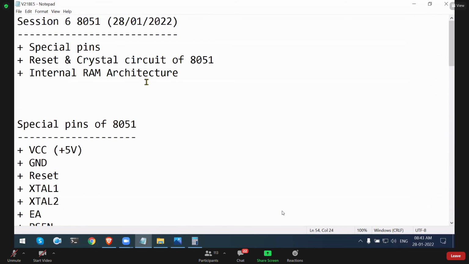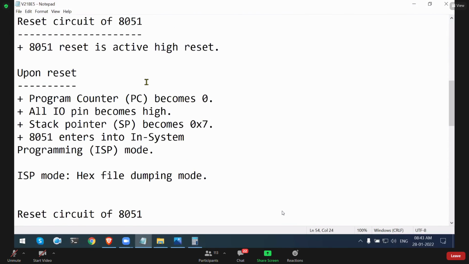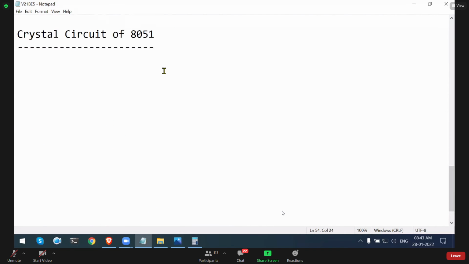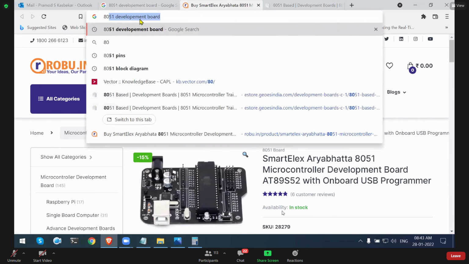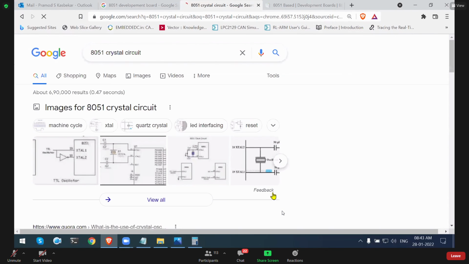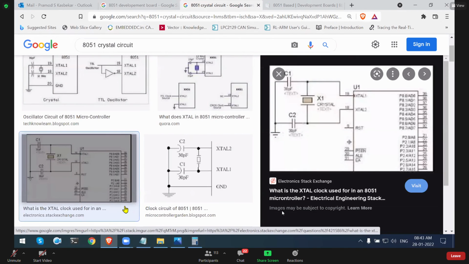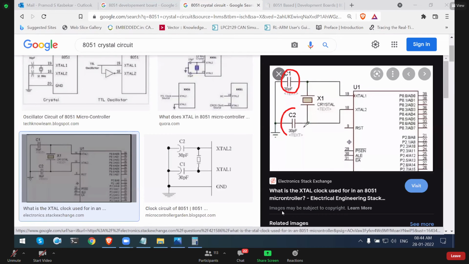One crystal oscillator and two capacitors are used. If you search for 8051 crystal circuit, you will get this circuit. This is how it looks. This is the crystal oscillator, and these are the two capacitors.